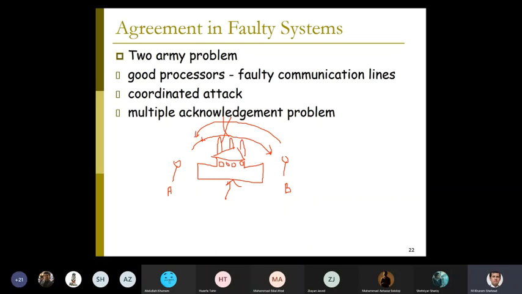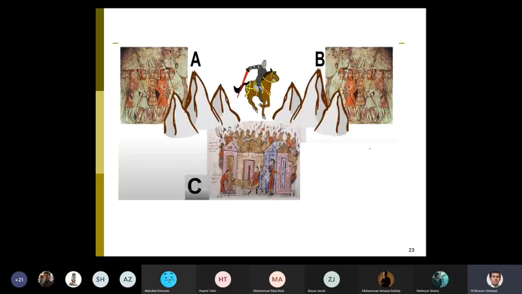But when the message was being transmitted from here, the enemy interrupted that message and sent the wrong message to him, that do not attack. So this general will not be attacking, and this one will be attacking, and however much more communication is done, agreement is not possible, due to the faulty communication lines. So this is a depiction of the same problem.